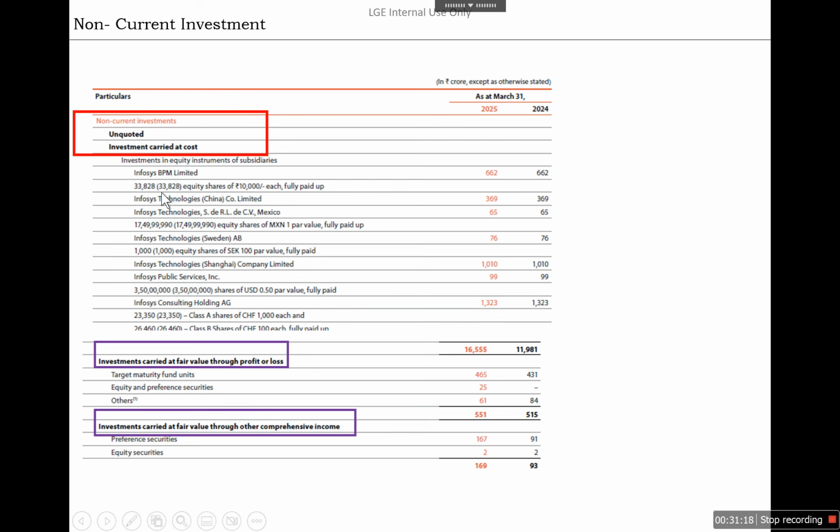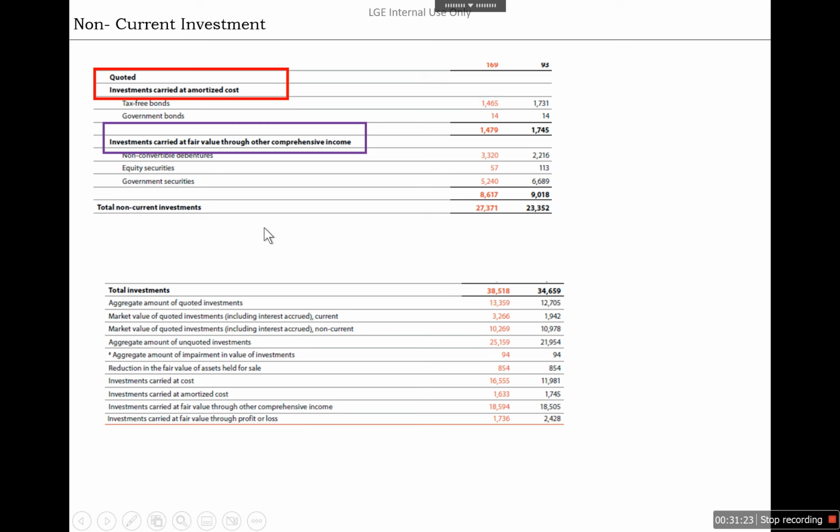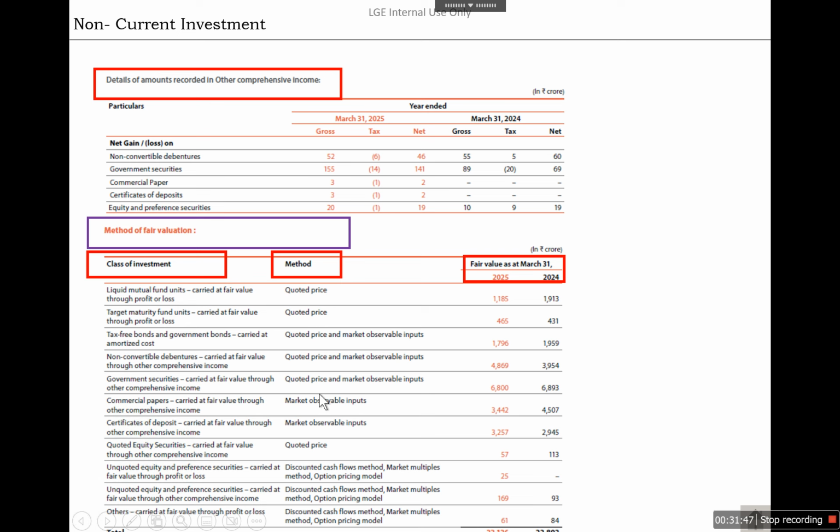Apart from it, the number of shares and face value of the shares is also disclosed, and there is aggregate quoted investment and market value of quoted investment, with non-current and current classification. There is aggregation of unquoted investment, and investments carried at cost, amortized cost, through OCI or through P&L are all disclosed here.